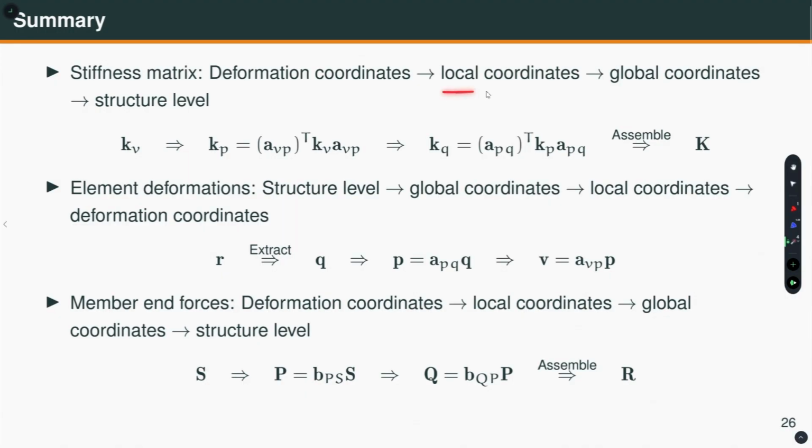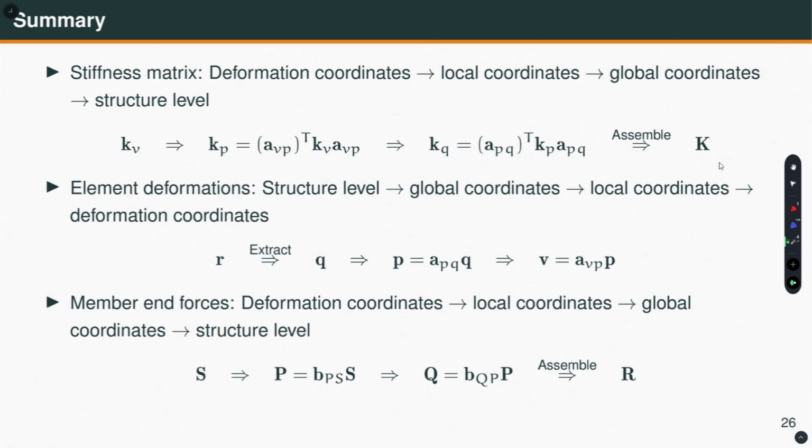Okay. So, we have gone to local coordinates, then from local to global coordinates, and then we will assemble, which we will discuss, to get the stiffness matrix at the structure level. So, using the notation, Kv to Kp using this transformation, then Kp to Kq using this equation, then Kq will be assembled to get the capital K for the entire structure.